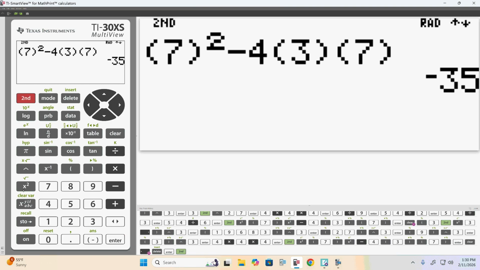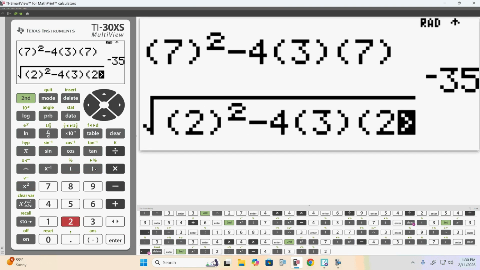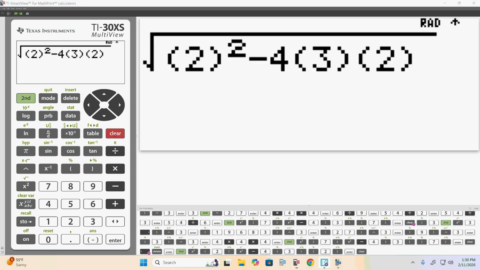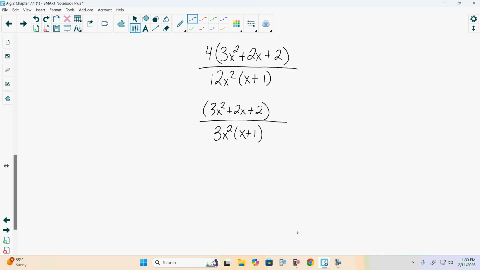And I can double check with the discriminant: 2 squared minus 4 times 3 times 2. And again, we can't cross out the 3x squared and 3x squared because the 3x squared on top is stuck with the plus 2x plus 2. Questions on this here?